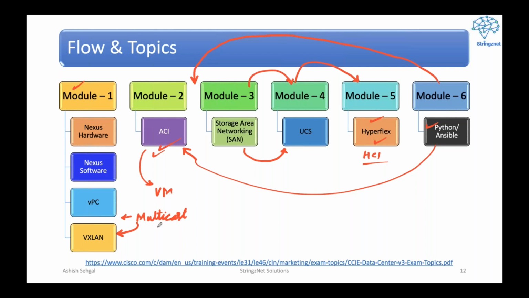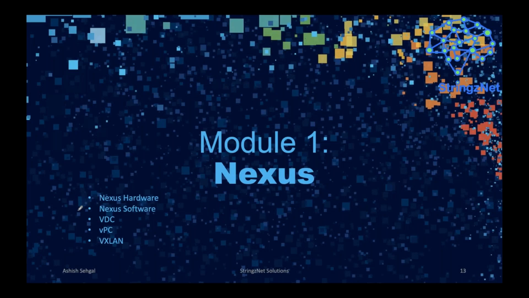So while doing the VXLAN, we literally feel the need to understand and revive our knowledge of multicast. So we do discuss multicast in a single session that is sufficient for the purpose of VXLAN, and multicast configuration in VXLAN becomes simpler.